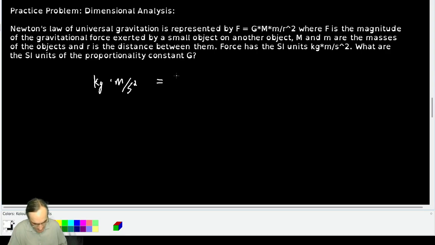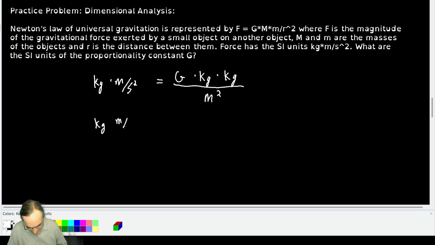That is going to be equal to big G, which we don't know its units, times kilograms for big M times kilograms again for small m, all over r squared. Well, r is measured in meters, and that's squared, so on the bottom we have meters squared. Summarizing, we have kilogram meter per second squared is equal to big G kilograms squared over meters squared.